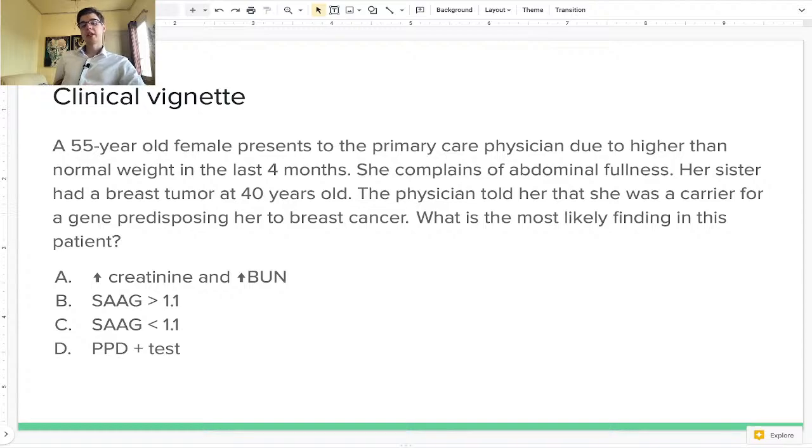An elevated creatinine and BUN, a serum albumin to ascites gradient of more than 1.1, a serum albumin to ascites gradient lesser than 1.1, or a PPD positive test. Please let me know the answer to this question in the chat box.